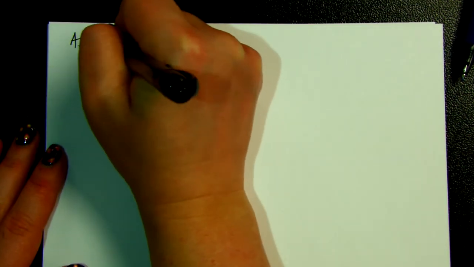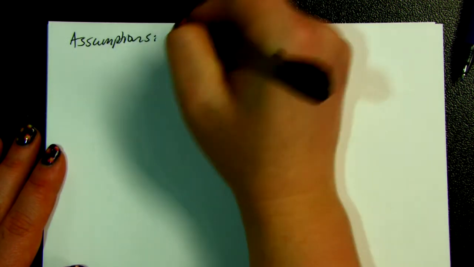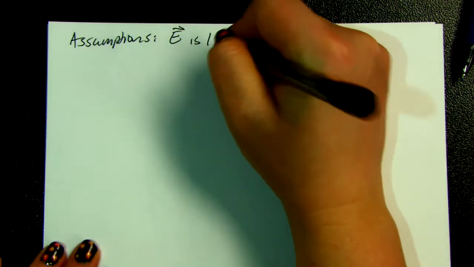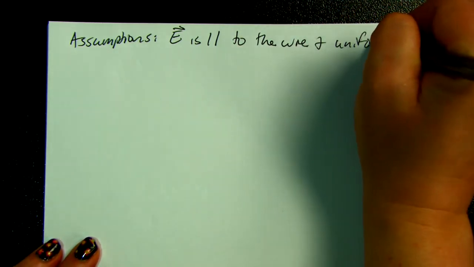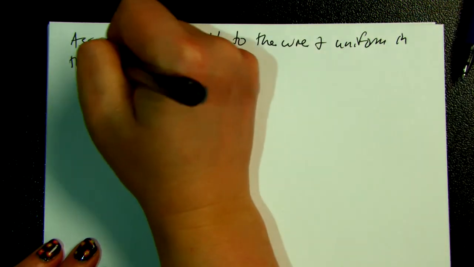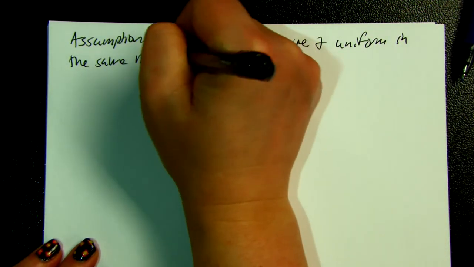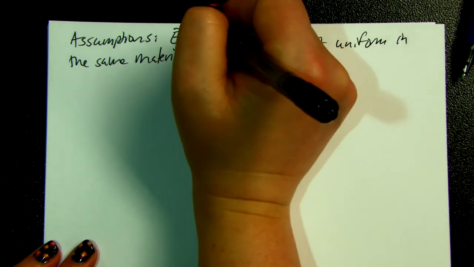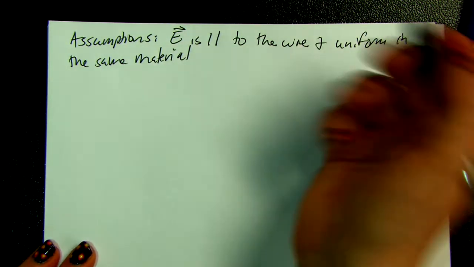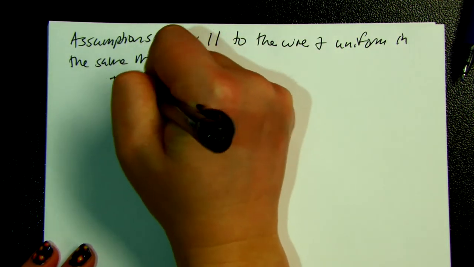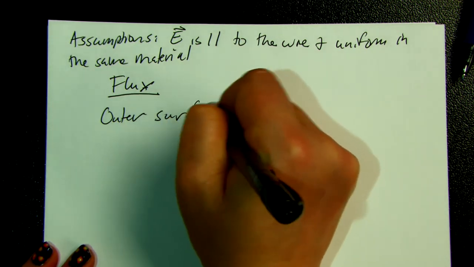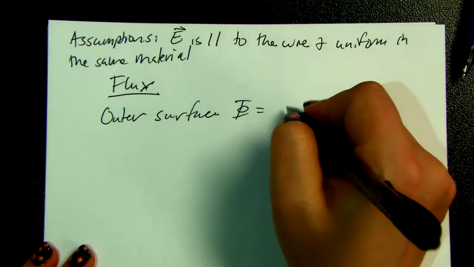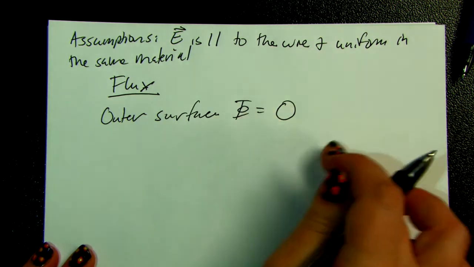The assumptions we're going to have: E is parallel to the wire and uniform in the same material. We know it's different from material 1 to material 2, but within the same material, it's the same. So let's go after flux. On the outer surface, flux is equal to 0 because of that parallel property.